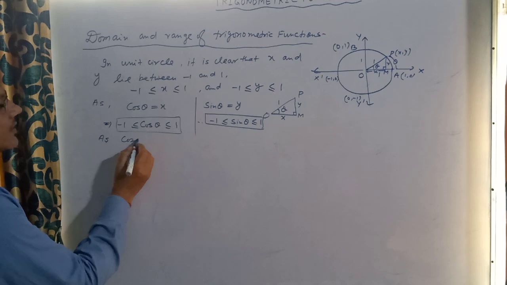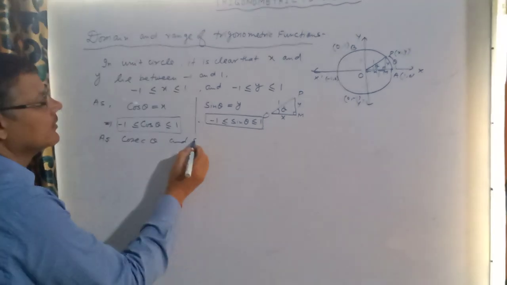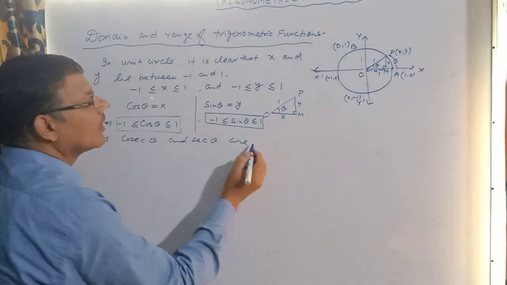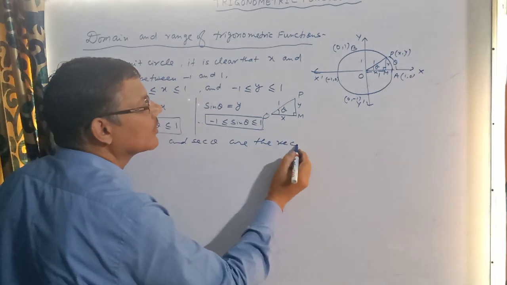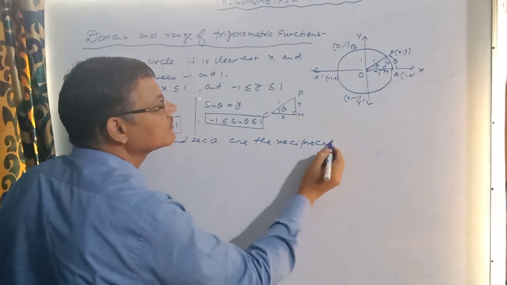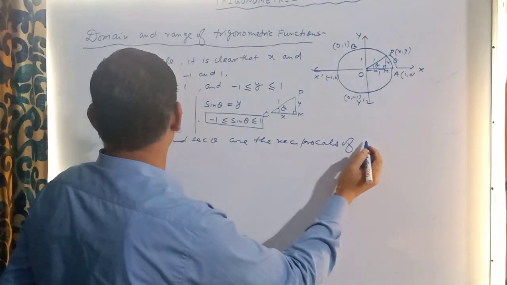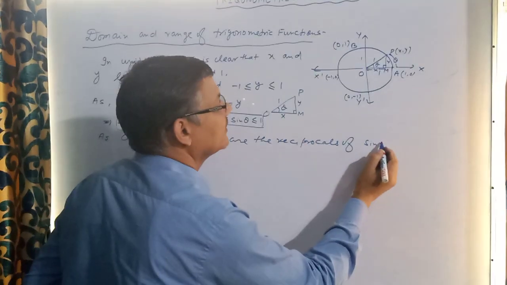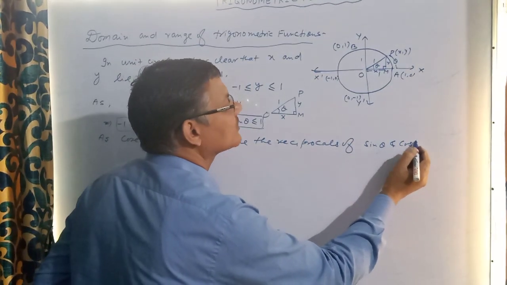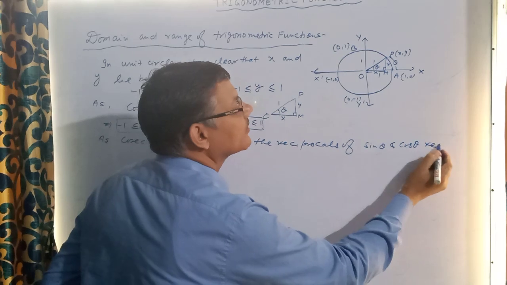Also at the same time, we know cosec theta and sec theta are the reciprocals of sine and cosine respectively.